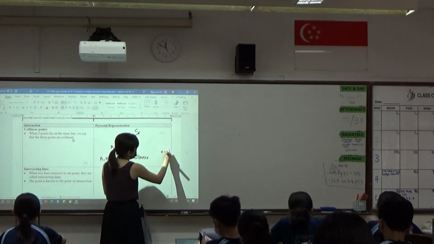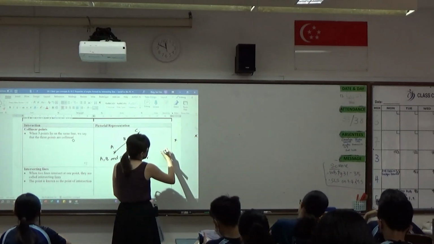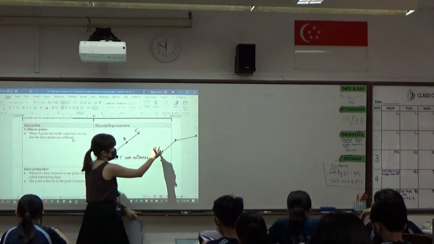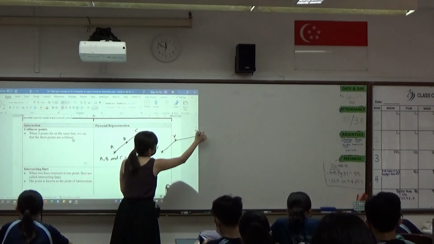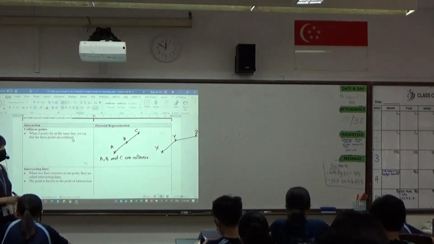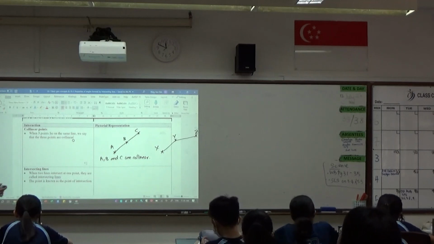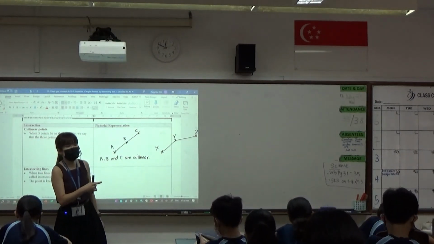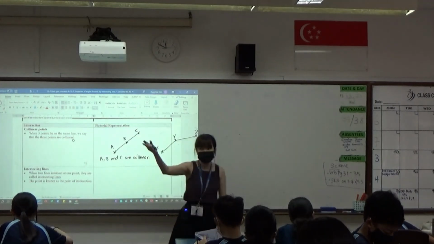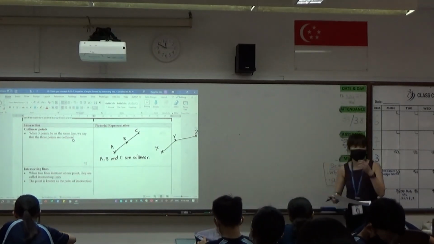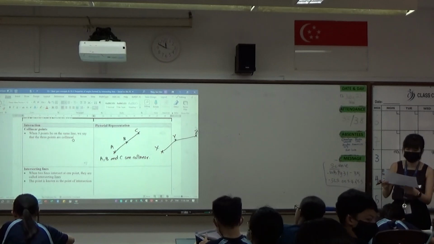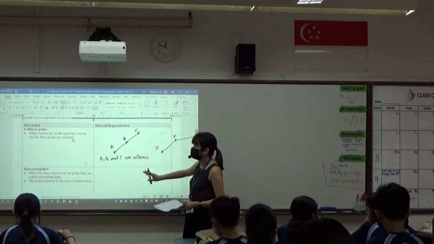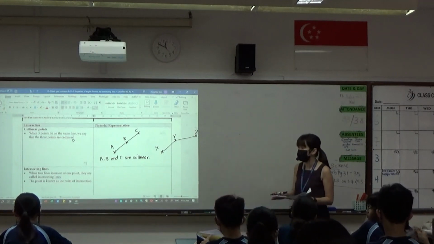If my points were like that, these 3 points, let's call them X, Y, Z, they are not collinear at all, because the line itself is not a single straight line. It is being formed by 2 line segments. Here, go and take a paper. Okay, so I hope that we are clear about what collinear points are.